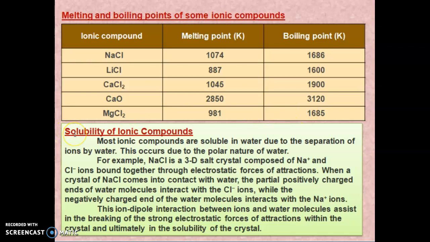Now next we will see the solubility of ionic compounds. Most ionic compounds are soluble in water due to the separation of ions by water. This occurs due to the polar nature of water.